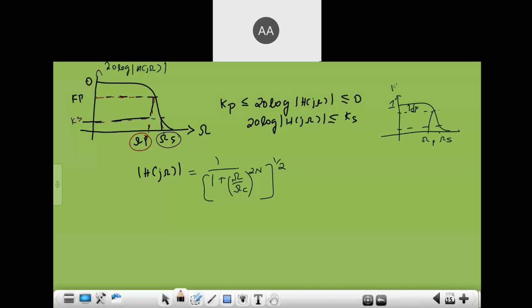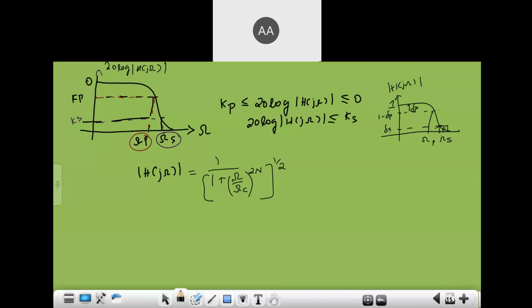This was just mod of H(j omega), if you remember. This was what we were writing earlier. So if you want to write it in dB, it looks like this. I hope all of you are getting it. If this is the delta p value, it was 1 minus delta p. Here it was the ripple in the stop band, whatever value, you would take it as delta s.